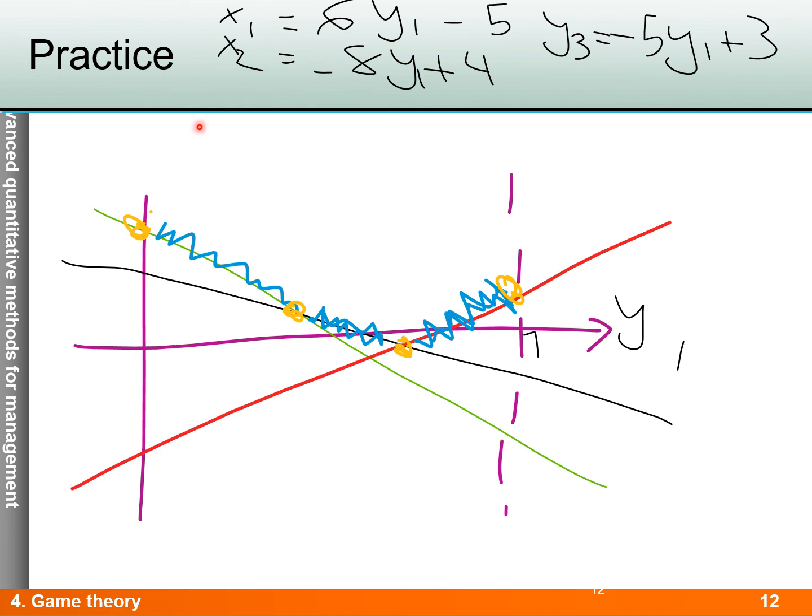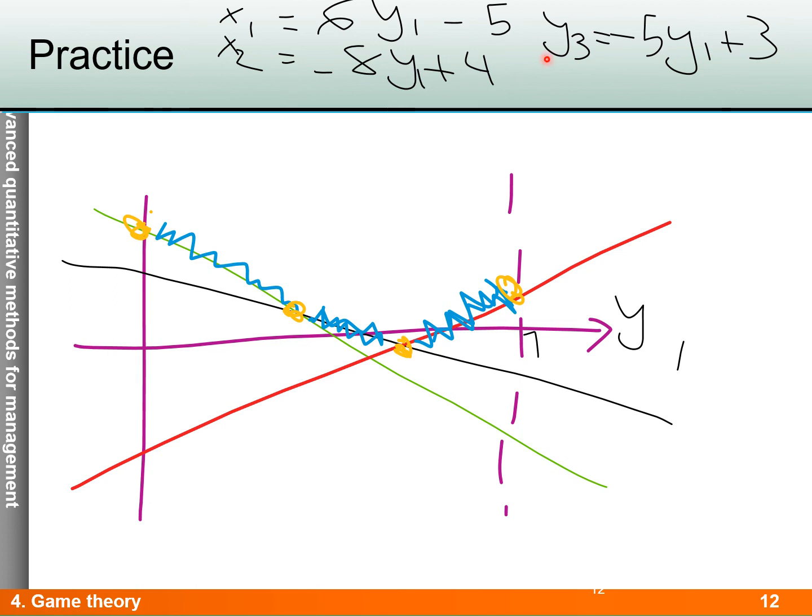So guys, as you see from the previous slide, we have these 3 vectors. x1 is equal to 6y1 minus 5. x2 is equal to minus 8y1 plus 4.